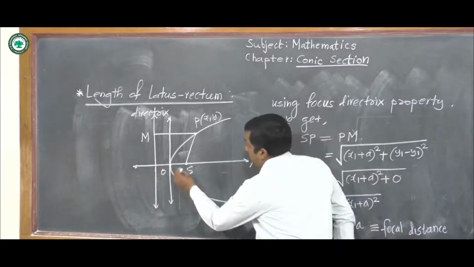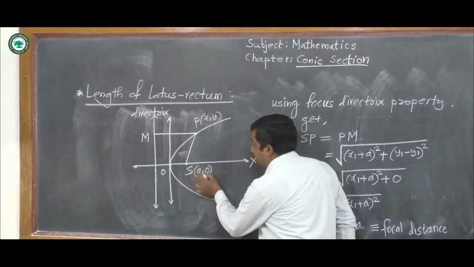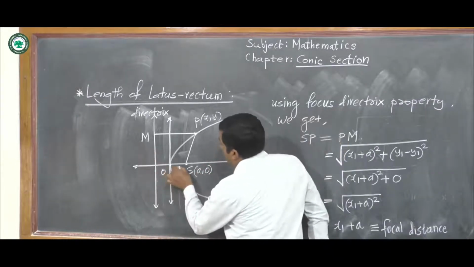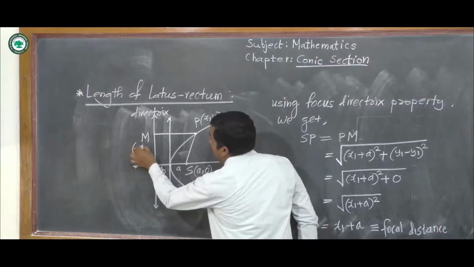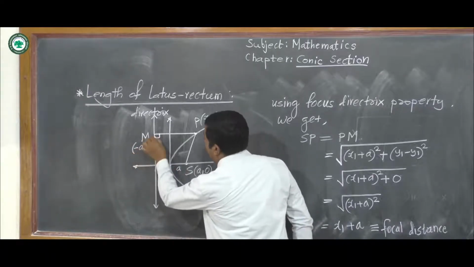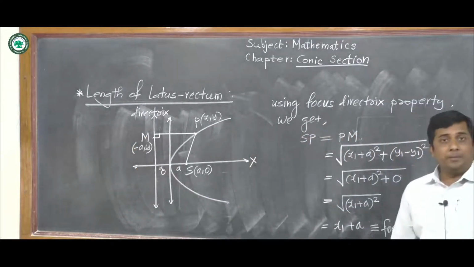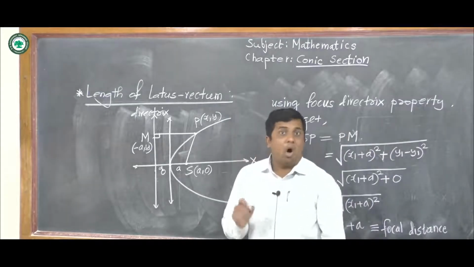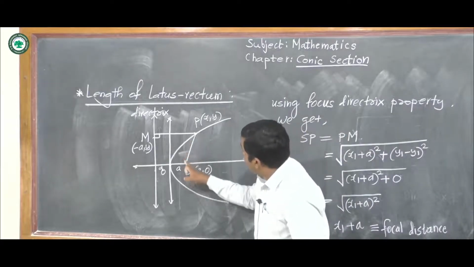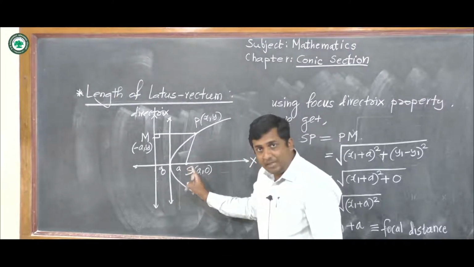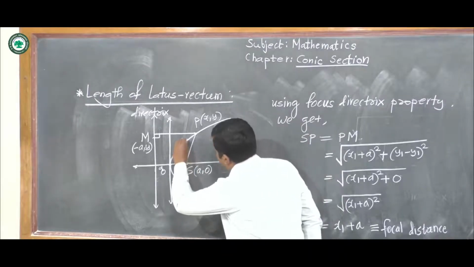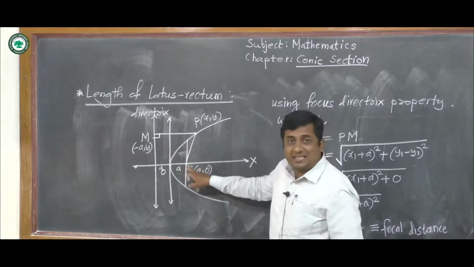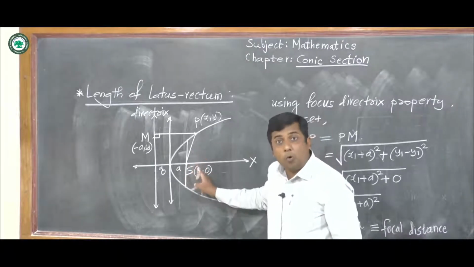Then we consider the coordinates of S as (a, 0), and the coordinates of M as (-a, y). The latus rectum is a chord which is perpendicular to the x-axis and passing through this focus.